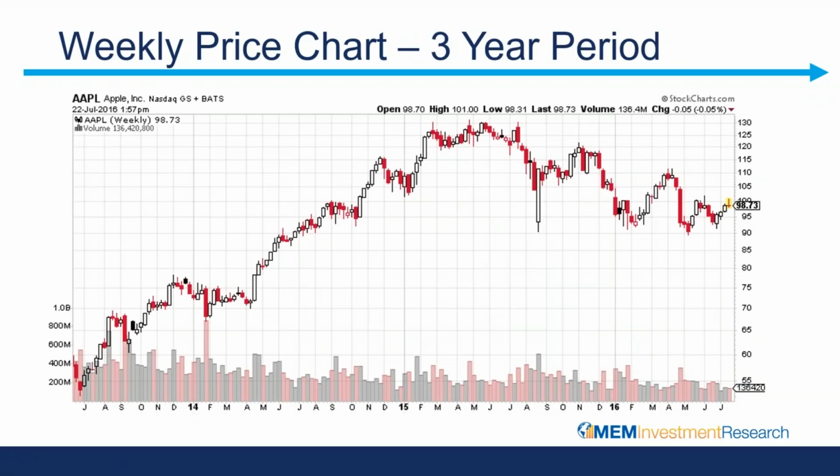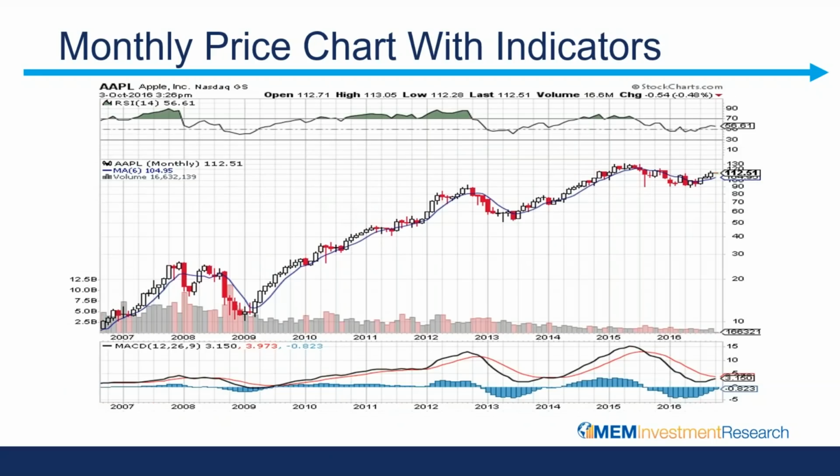So now we're looking at a weekly price chart, and again, we are using the candlestick charts. Here you can see how much more volatile the stock appears, as opposed to, I'm going to dip back to that monthly, and it just looks quite smooth, not a lot of back and forth.